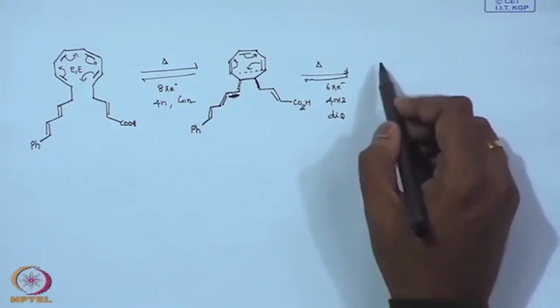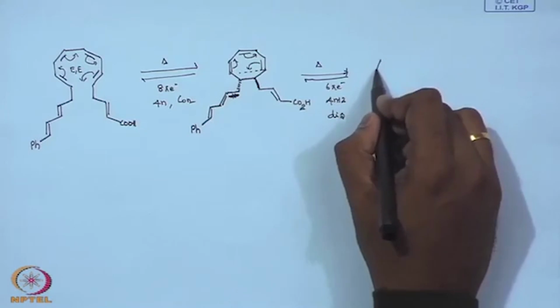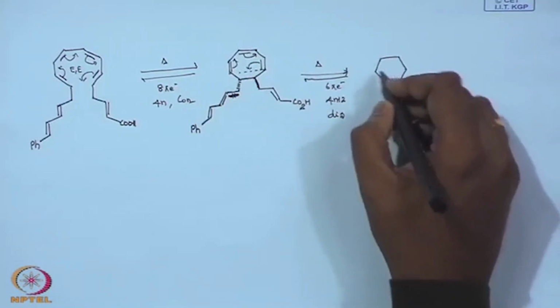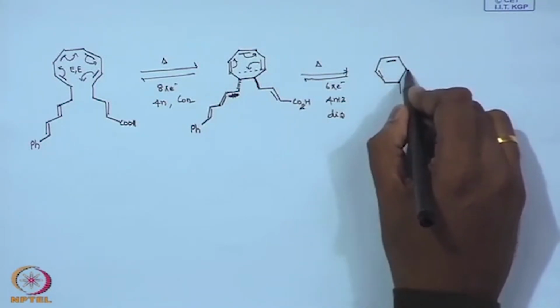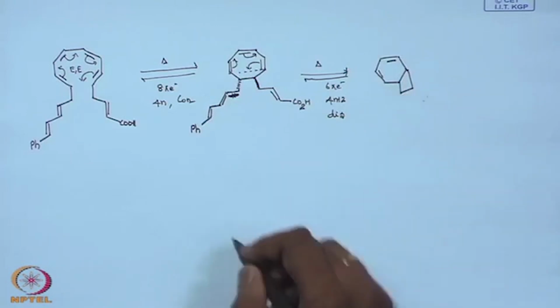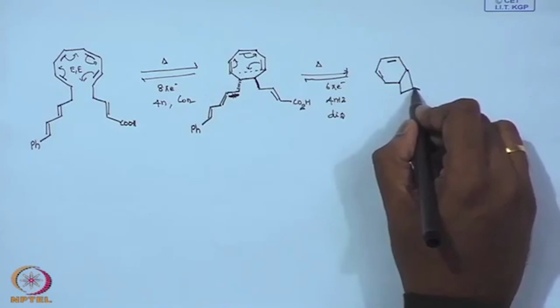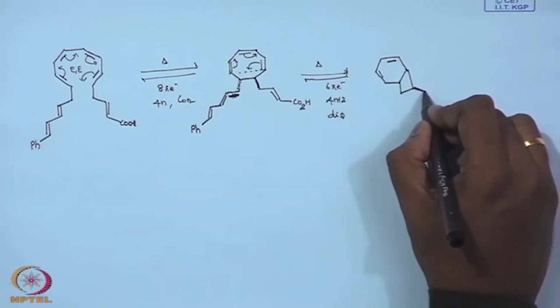So, if you draw the structure, this side you will have your carboxylic acid, right?